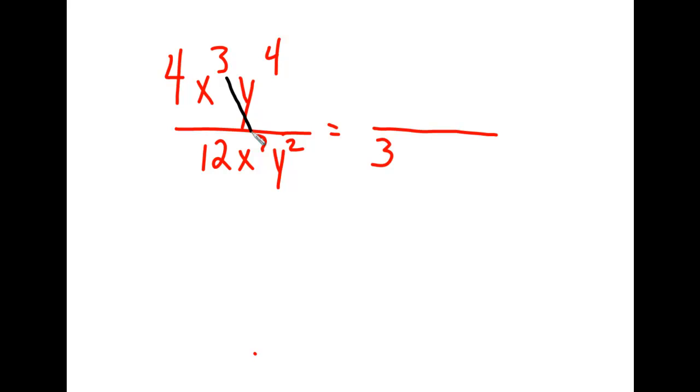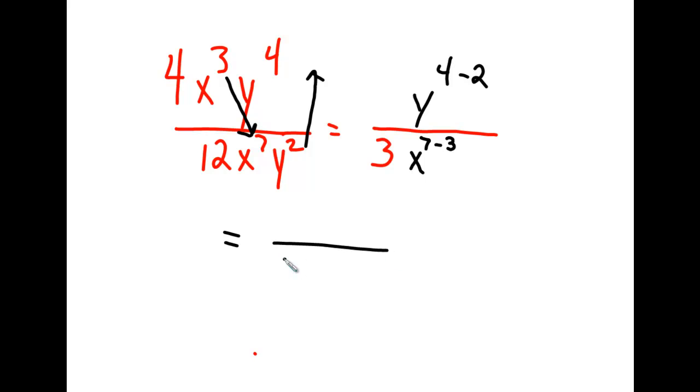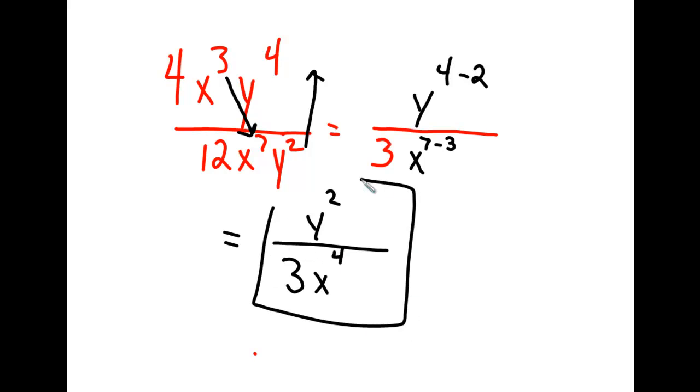So I'm going to bring the 3 to the bottom and subtract it from 7. And the 2 I will bring up and subtract from 4 on the exponent of y. So y to the 4 minus 2. So the answer is y squared over 3x to the 4th. Same answer, just using exponent rules to find it.